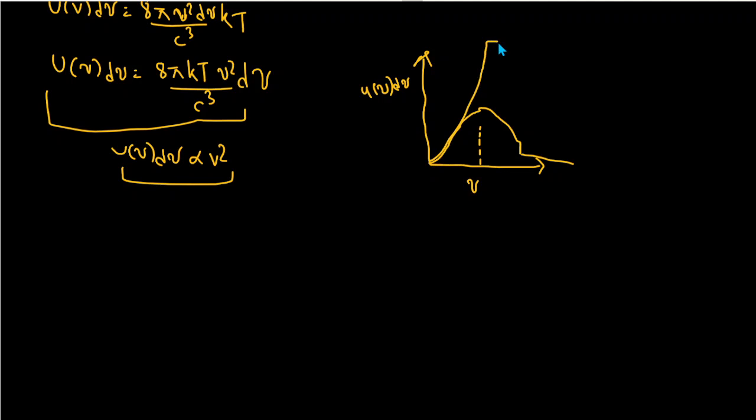The graph should look like this according to the Rayleigh-Jeans law. But we all know that this is the correct graph, and this is the wrong one, which is the Rayleigh-Jeans law, 8πkT/c³ ν² dν.